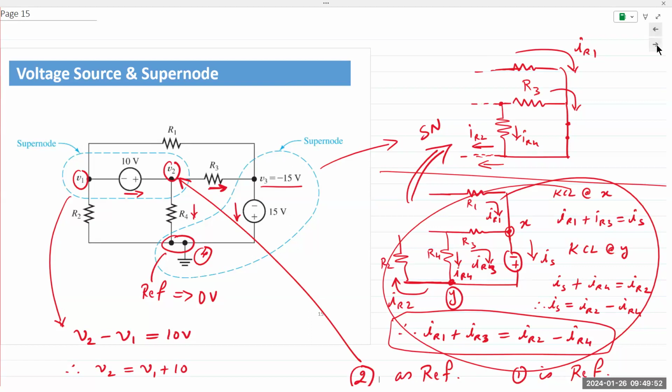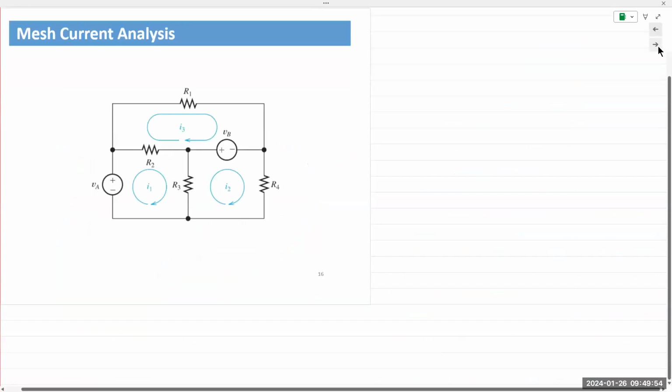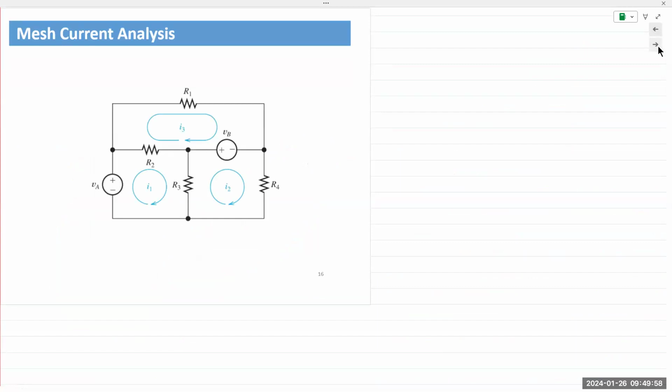Okay, so let's talk about mesh current analysis. This gets even more, well, I don't want to scare students, but it's a little bit more confusing than node voltage. If you look at a circuit schematic, you can identify loops and you can identify meshes. A mesh is a simple loop.